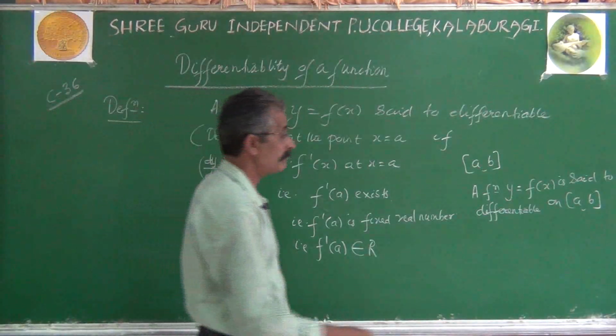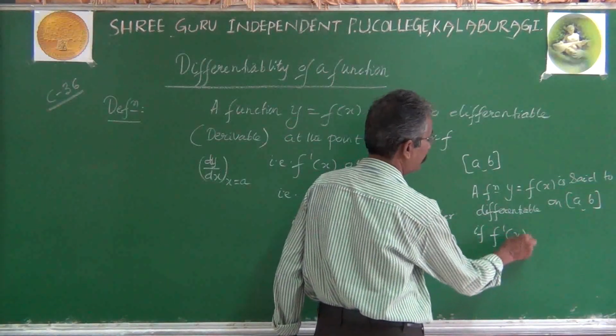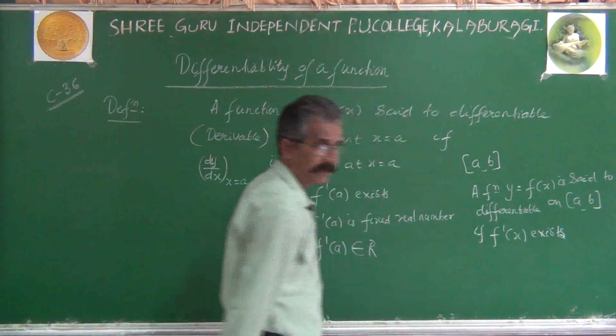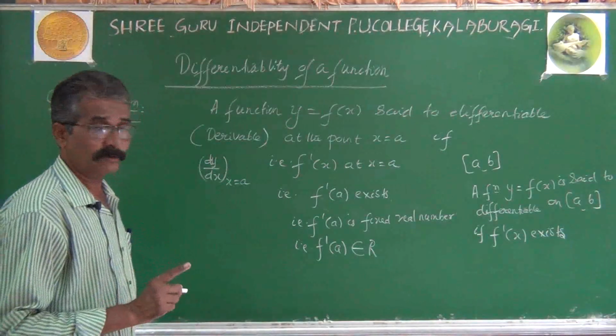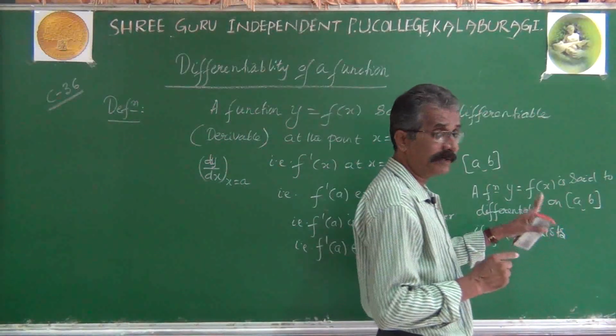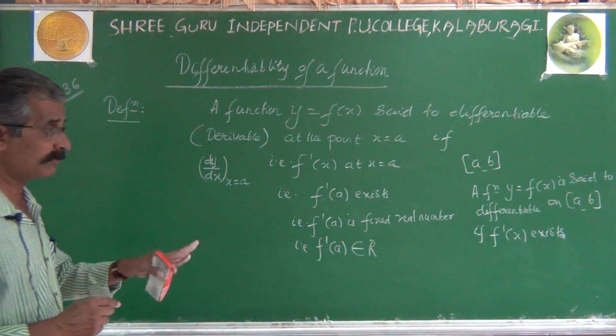On the interval a b if f dash of x exists. Keep in mind, in mathematics, the word exists stands for the value being a fixed real number. This you keep in mind throughout your life.